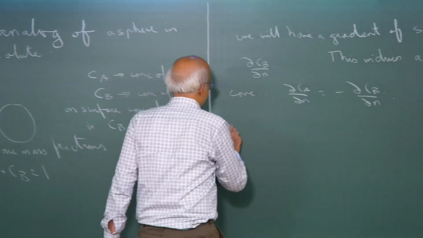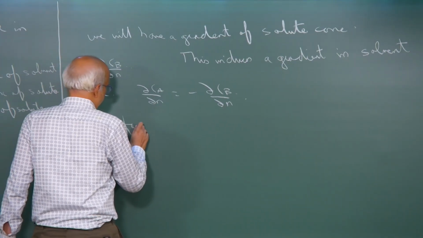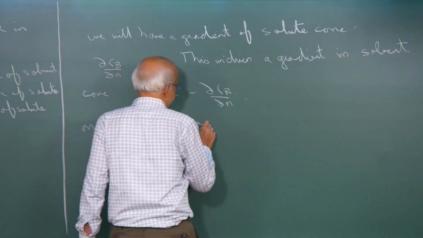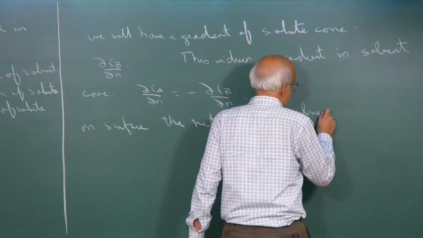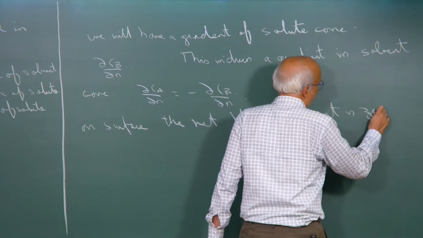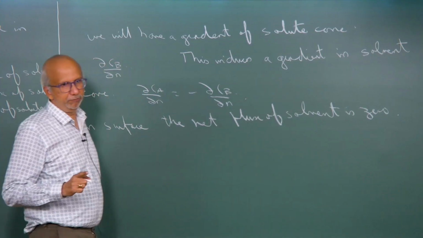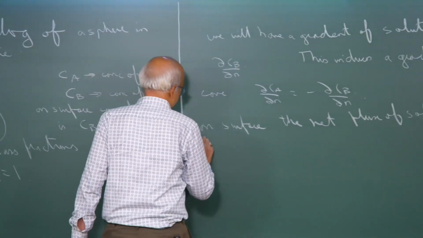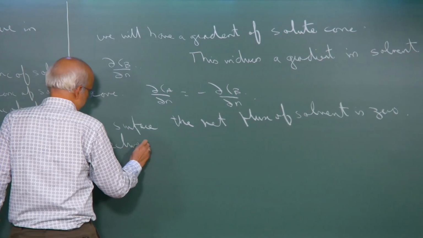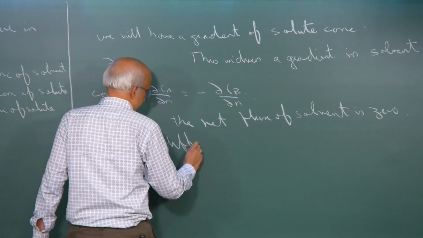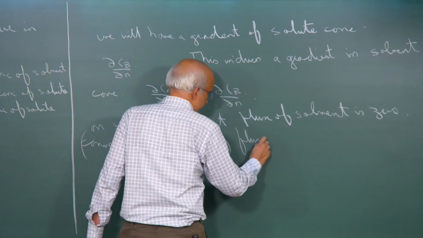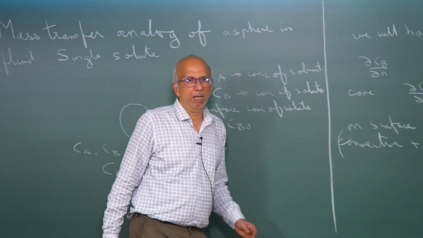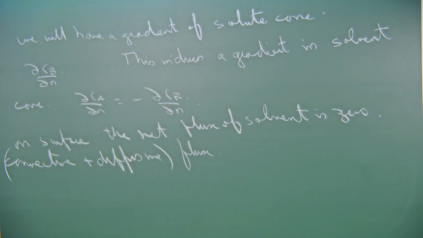So on the surface the net flux of the solvent is 0. What do I mean by net flux? Convective plus diffusive. That is what I mean by net, because if I have only diffusion, then there will be a flux of the solvent because there is a gradient.